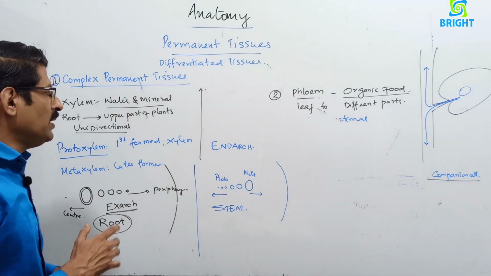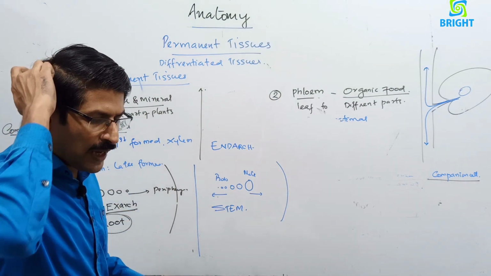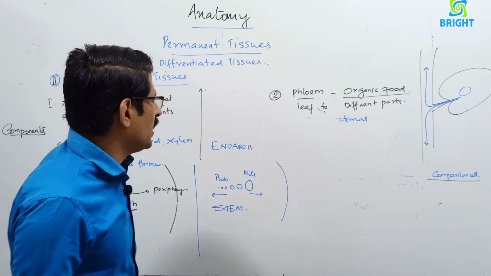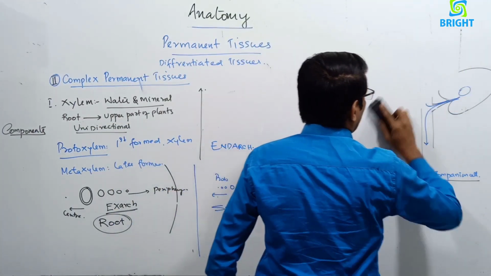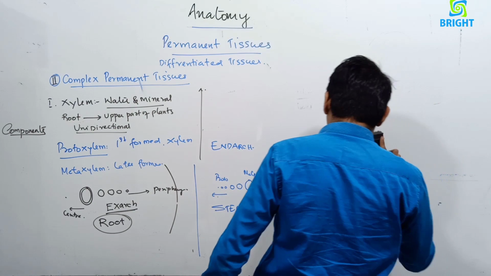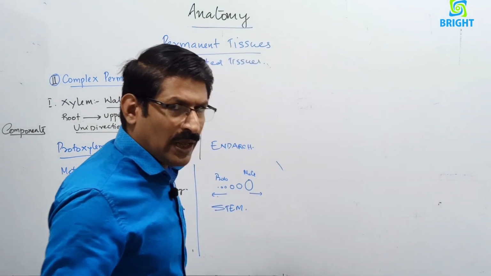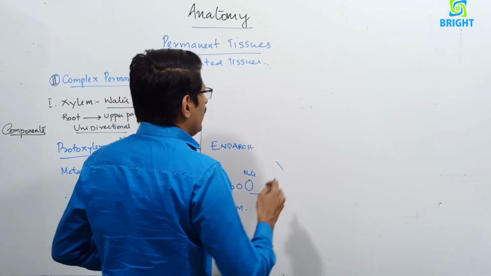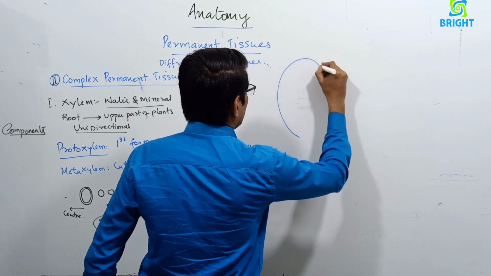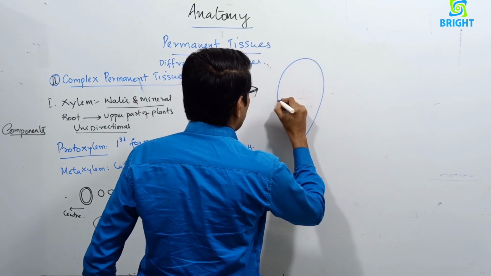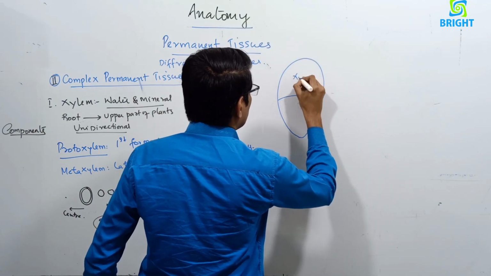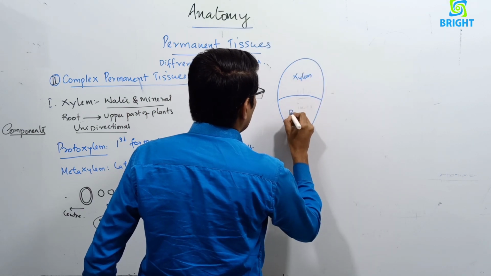So vascular bundle and arrangement of xylem is very important. On the basis of the arrangement of vascular bundles in a plant, there are different types of vascular bundle. First one, this is a vascular bundle. Here there is xylem and here there is phloem.